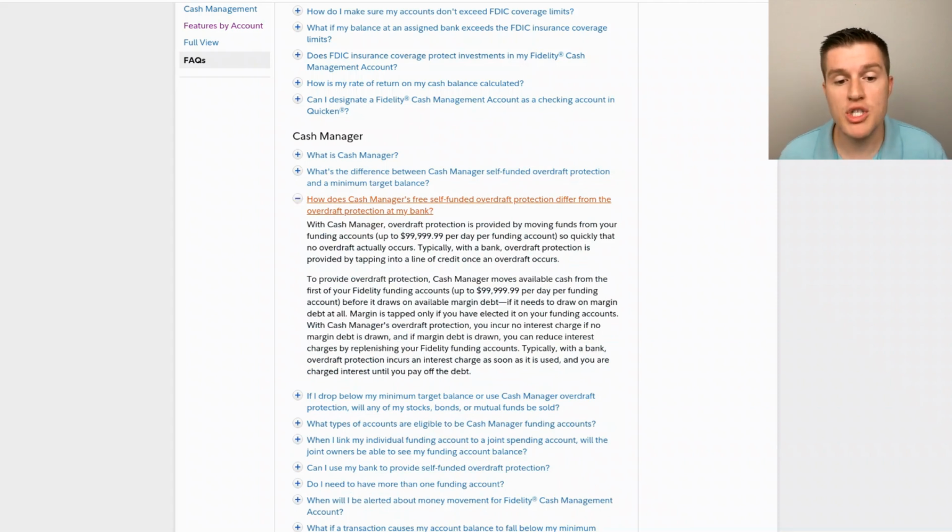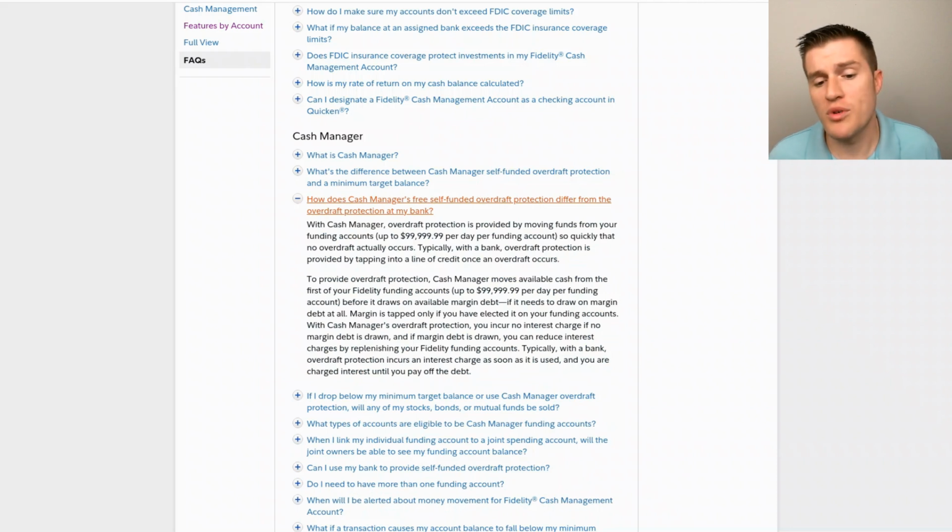With the Cash Manager, overdraft protection is provided by moving funds from your accounts, up to $100,000 per day, so that no overdraft actually occurs. Typically, a bank overdraft is tapping into a line of credit when the overdraft occurs.